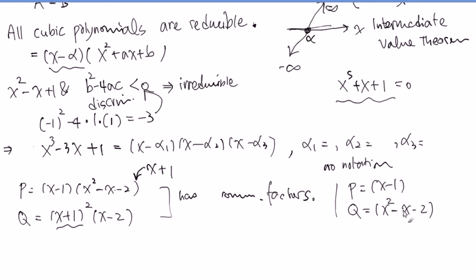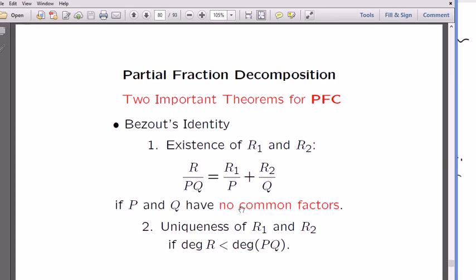Those are the irreducible factors, so this one has no common factor. In situations like this, you actually have to factor completely into irreducibles and check one by one that there's no common factor. But what is the key? You have to factor into irreducibles. Don't leave it like x squared minus x minus 2. Factor completely, right?